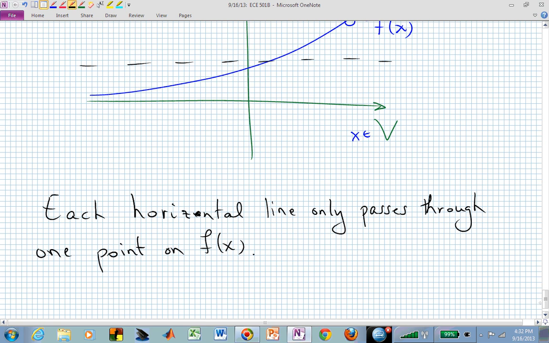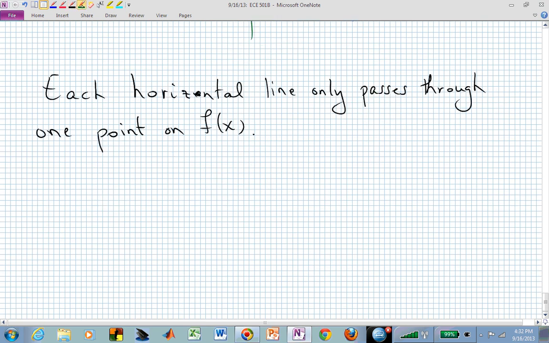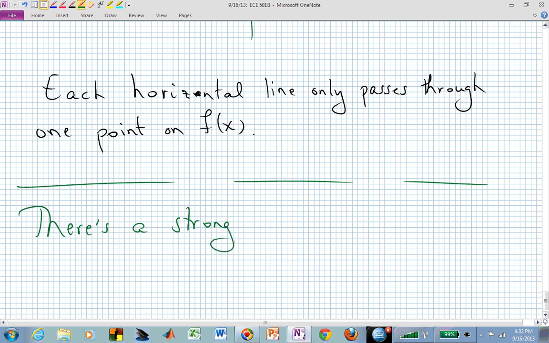Now that actually allows us to find a pretty strong relationship between this injective map and the null space. That's what I meant by injective having to do with the null space.